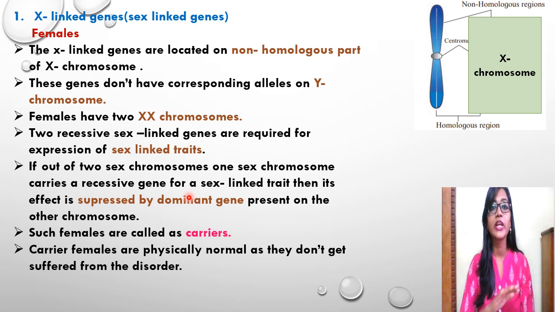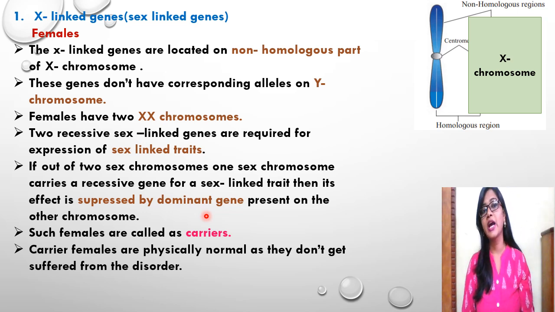They will not get affected by that abnormality because the other X chromosome is carrying the dominant gene. Even if one X chromosome has the sex-linked gene, the other chromosome has the dominant gene, so that recessive gene will get suppressed by the dominant gene and will not get expressed.